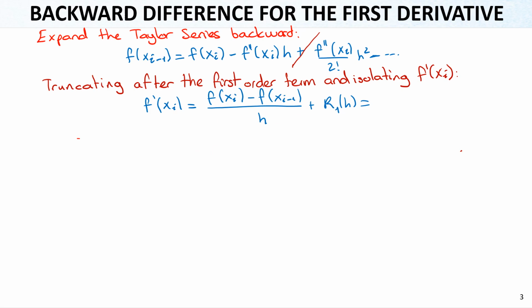We can write like this. In the forward it was the regular one, but in this, because it's backward, it is just the reverse delta sign, like this. Delta f_i divided by h plus O(h). This truncation error is again in the first order, h.